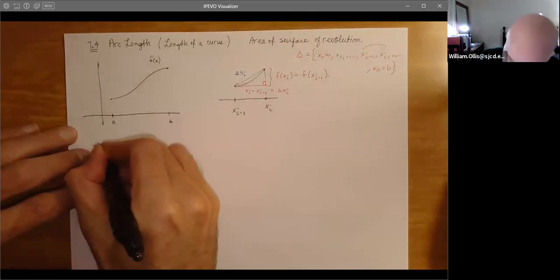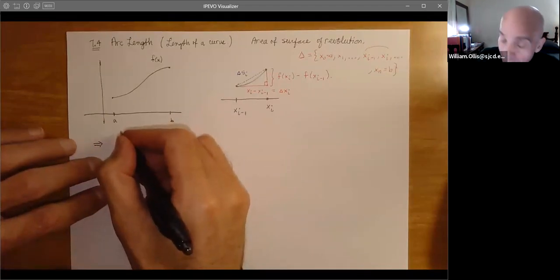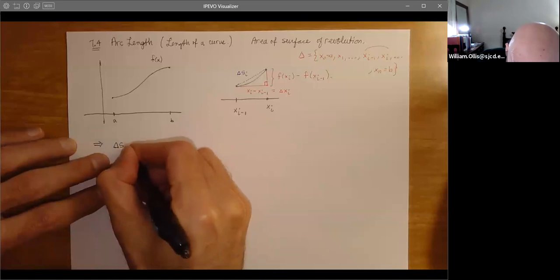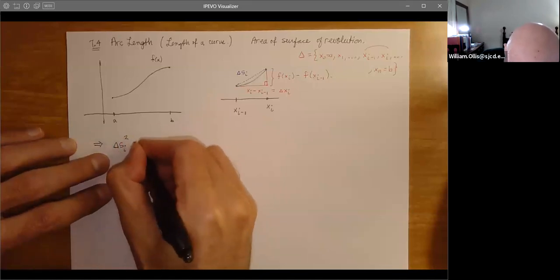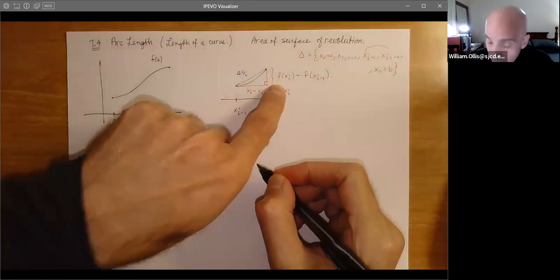So now we're back to general math, which is important math. We do general math all the time. So we'll say delta s sub i squared will now be the sum of the squares of the legs.